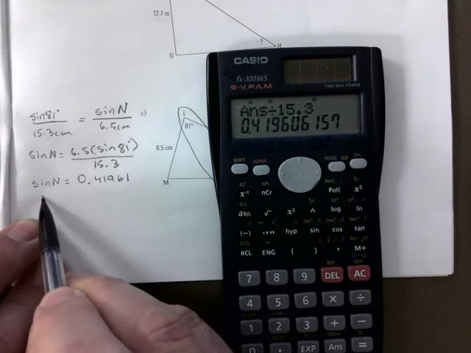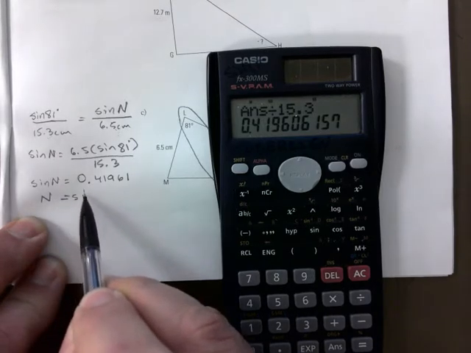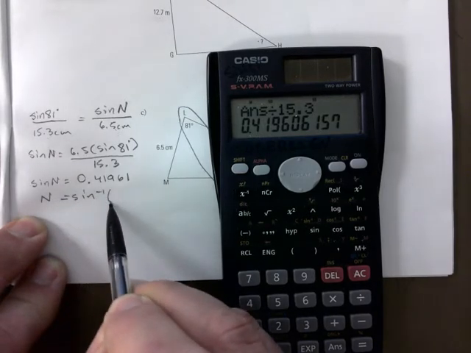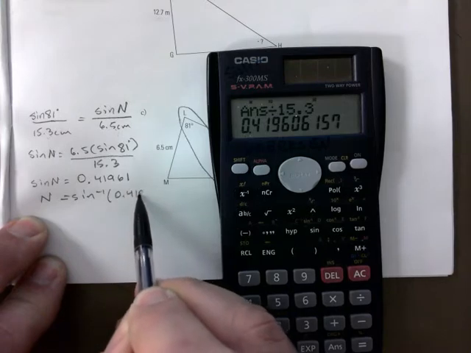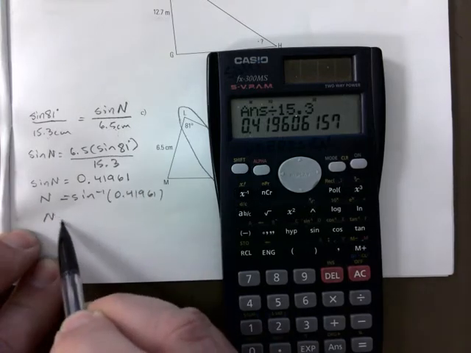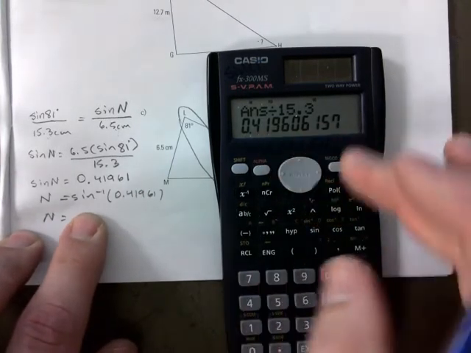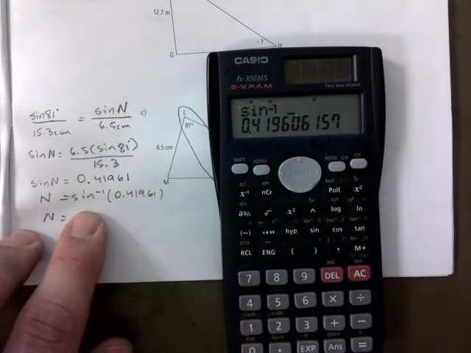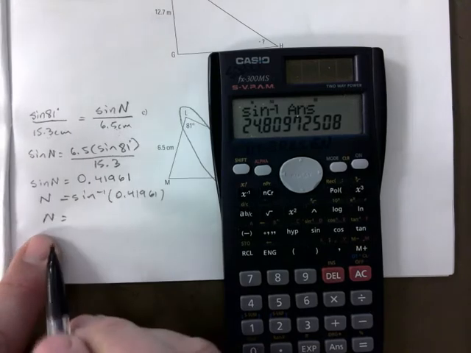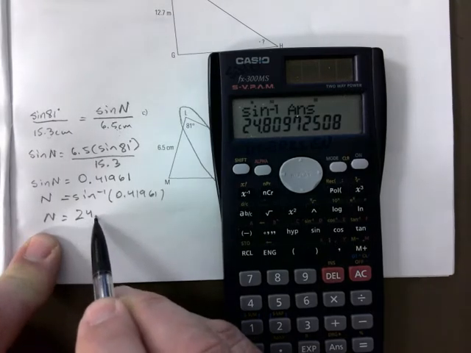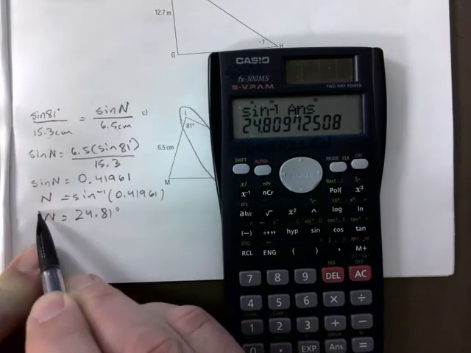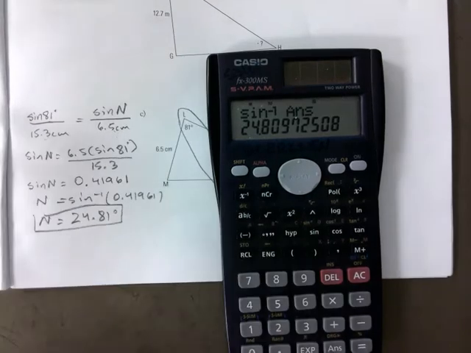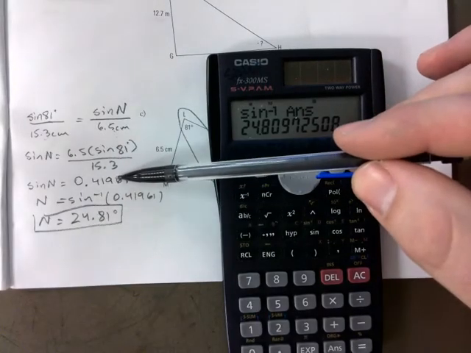And then this is a step that must follow. You can't just say n is equal to something. You have to show me that you're using the inverse. I'm going to use all decimals here. So I'm going to go shift sine, try it. If you hit shift sine equals, you get that. So you skip this step.